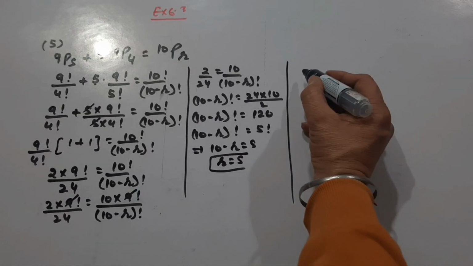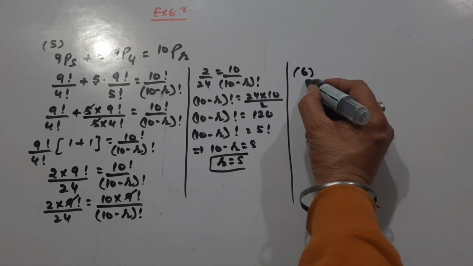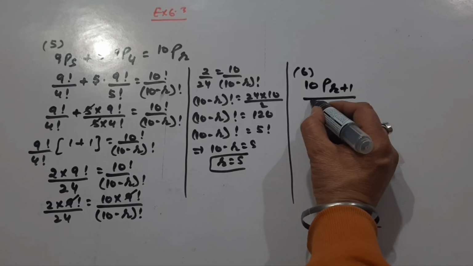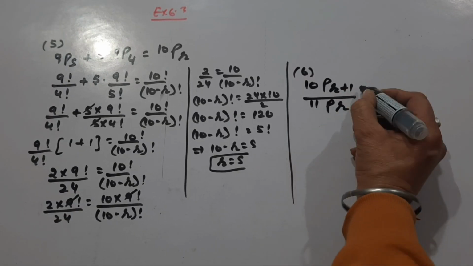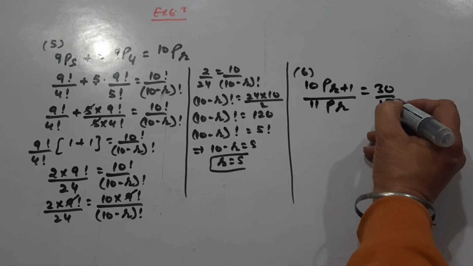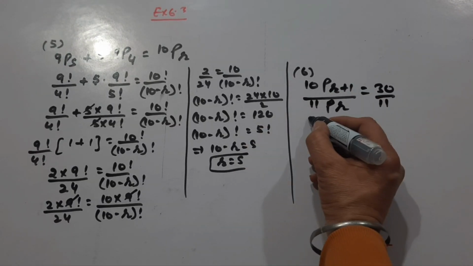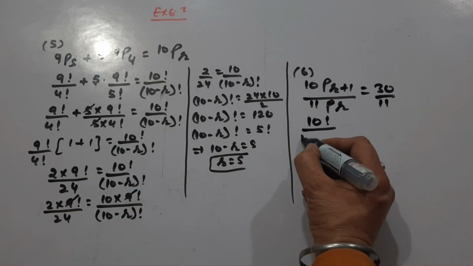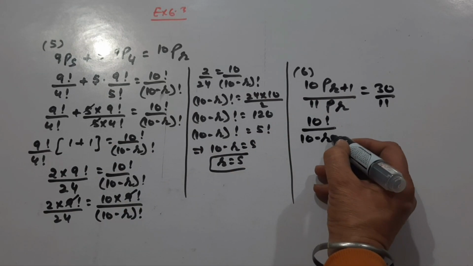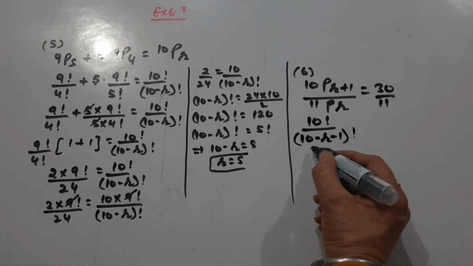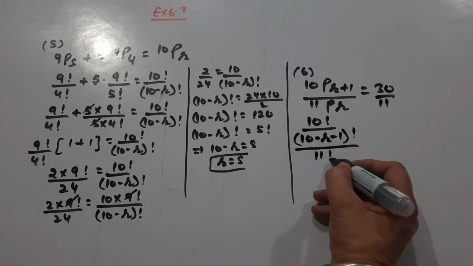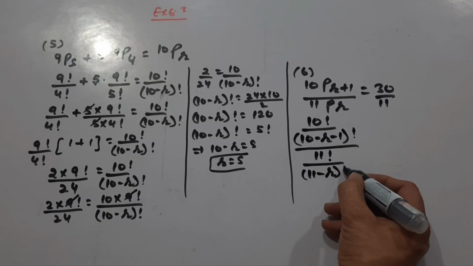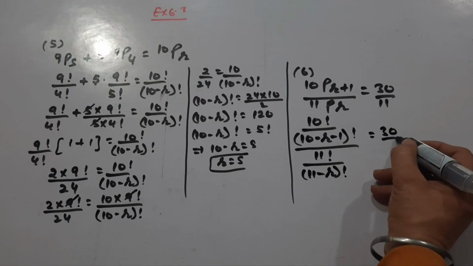Now let us start with sixth question. 10P(r plus 1) upon 11Pr equals 30 by 11. So we write 10 factorial upon (10 minus r minus 1) factorial, upon 11 factorial upon (11 minus r) factorial, equals 30 by 11.